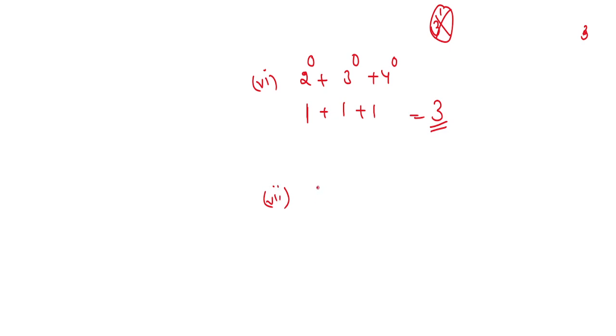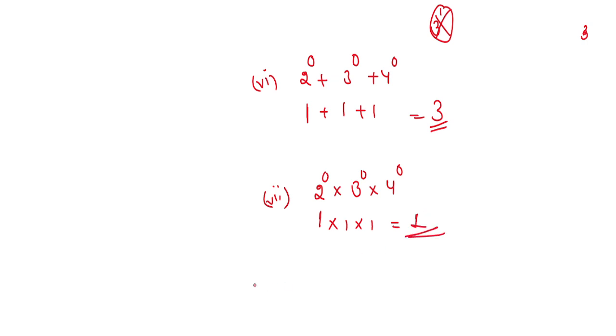In the seventh part, 2 raised to the power 0, 3 raised to the power 0, multiplied by 4 raised to the power 0. Similarly, 1 multiplied by 1 multiplied by 1, that is 1.